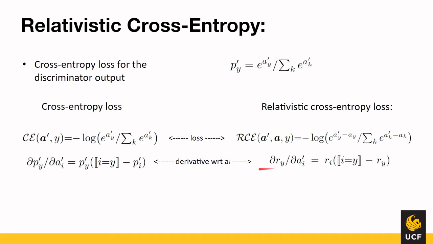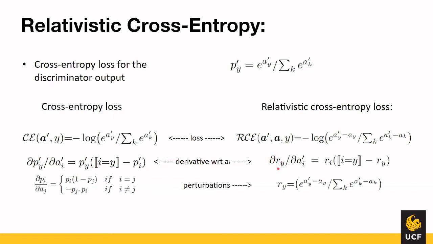Similarly, let me explain this in depth. P of y basically means this is 1 whenever I is equal to y. If not, it's 0. Then for R, they use the perturbations instead of just the softmax, where they take the difference of the adversarial image versus the clean image.